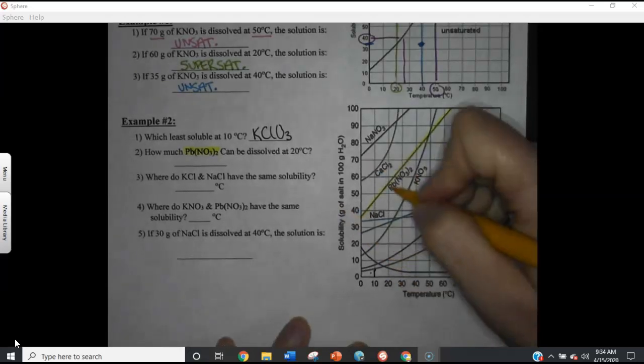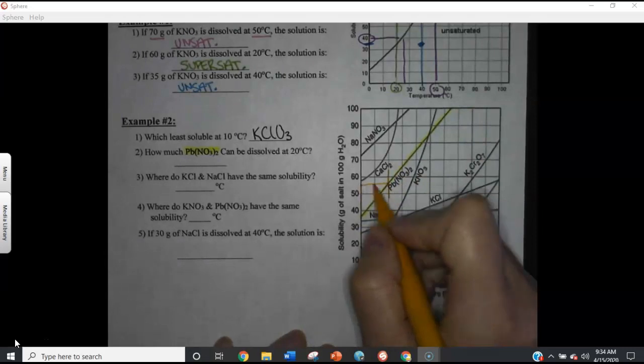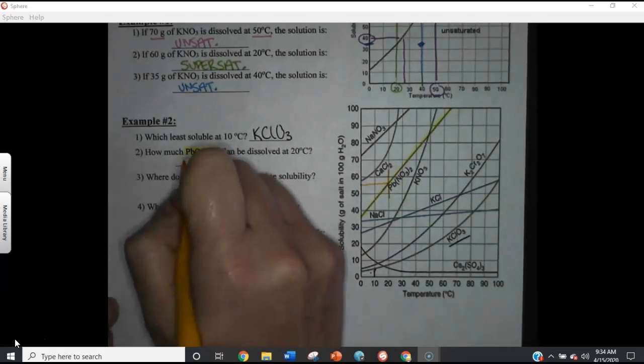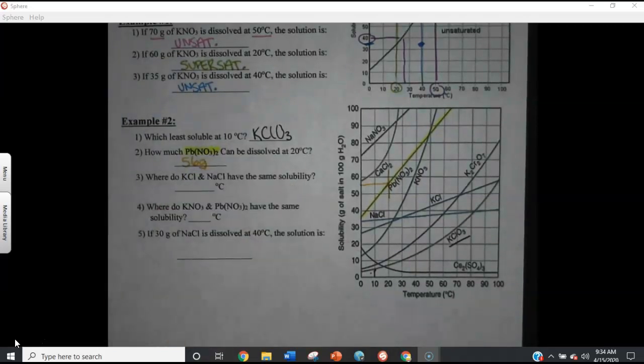Well, 20 degrees is right here. And at 20 degrees it looks like it's a little bit more than halfway between those two. So I'd say probably 56 grams, maybe 57 grams. If you say 55, it's okay, right? Like there's a range there. It's not a super precise graph, but that's how we read it.